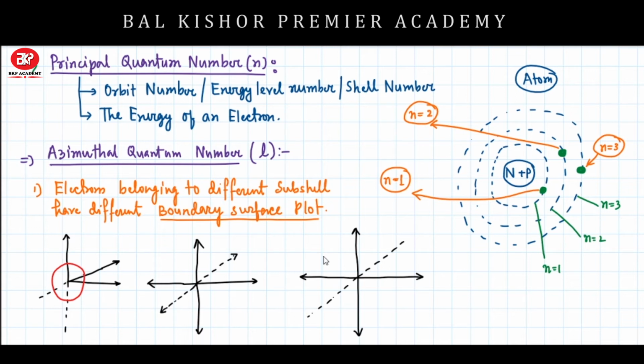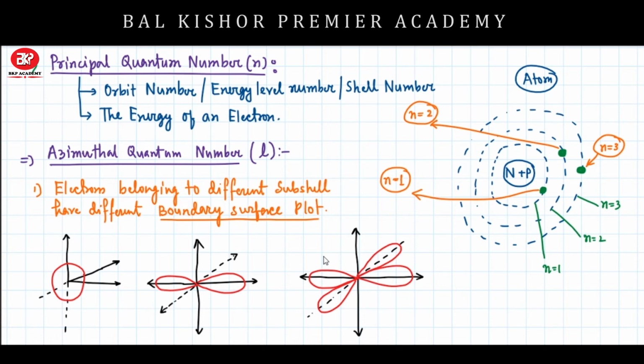It can also have some dumbbell-like shape, or it can have a double dumbbell-like shape. This is the double dumbbell-like shape. You can see they are in different coordinates.